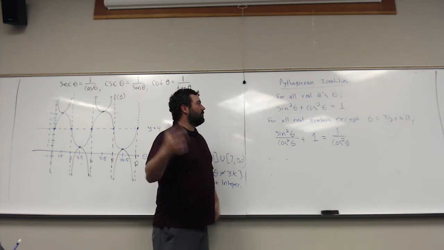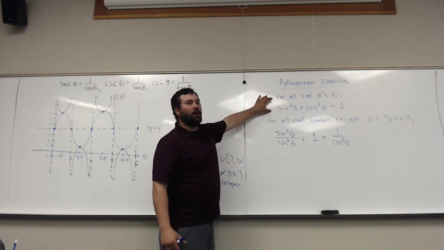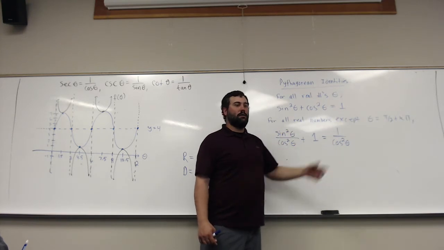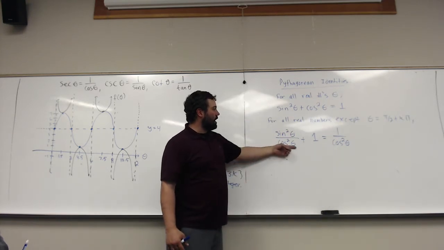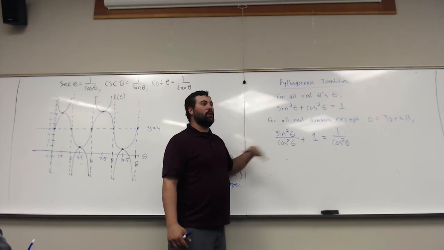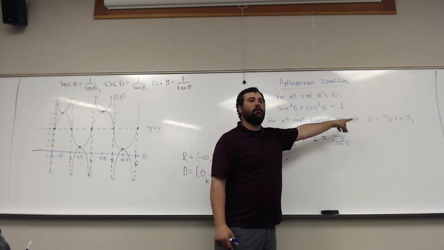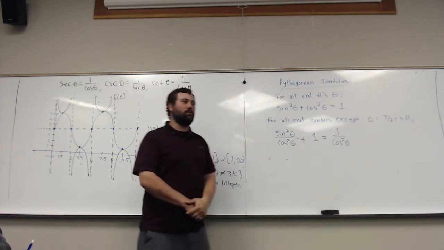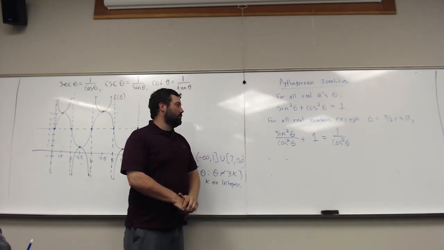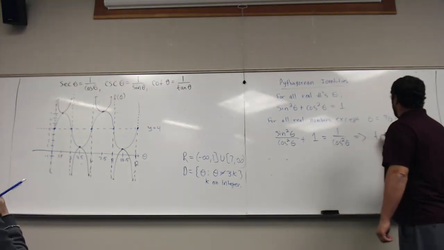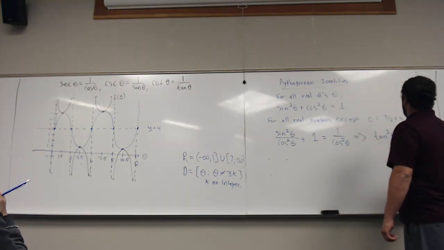But again, the first one works for all angles theta because sine and cosine are defined everywhere. As soon as I divide every term by cosine squared theta, we can't divide by 0, so I have to avoid angles where cosine equals 0, which are the pi over 2 plus k pi's. But the real identity we care about is to rewrite this now in terms of tangent and secant.